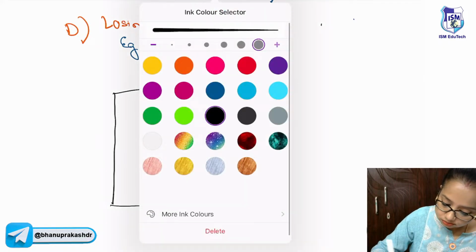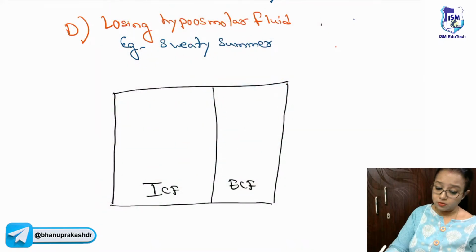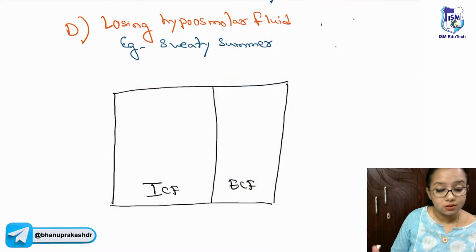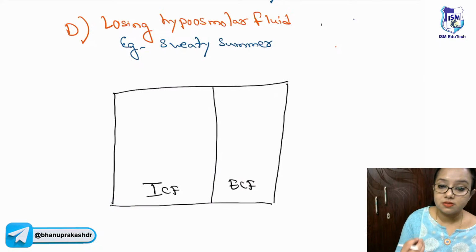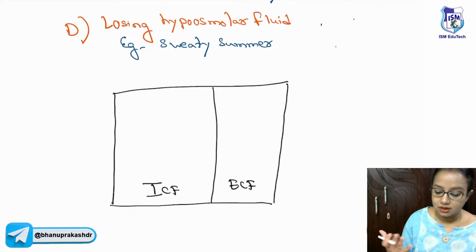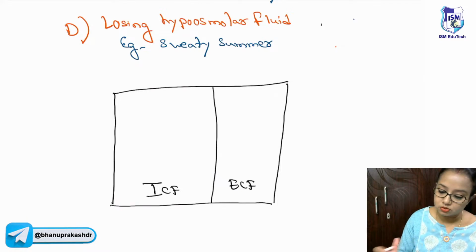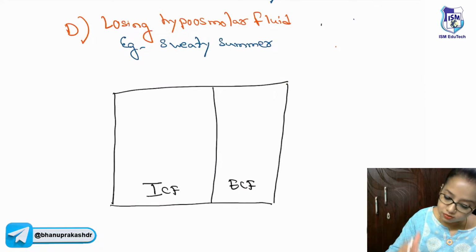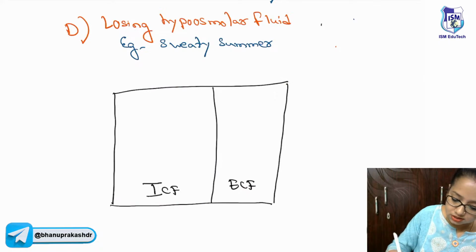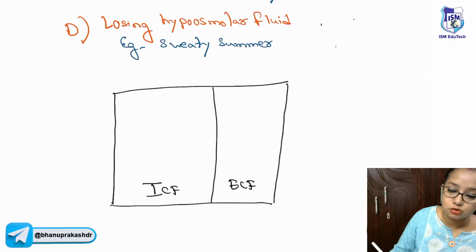Okay. So when we are losing out sweat, what happens? Whatever little bit of salt that is going out, though it is hypoosmotic, it is not hyperosmotic. This loss of salt happens from both the compartments. The ICF also loses. So see here, the ICF also loses.